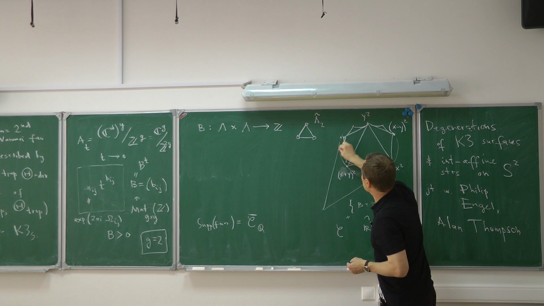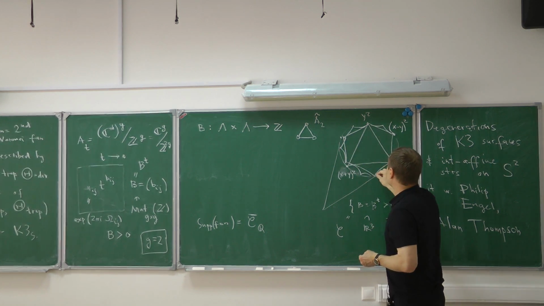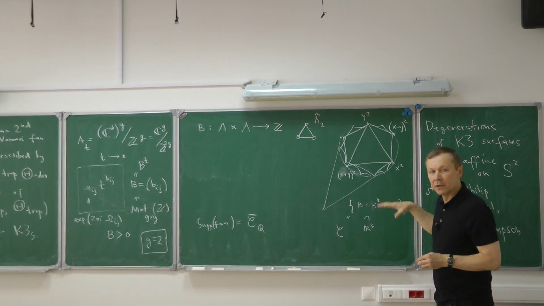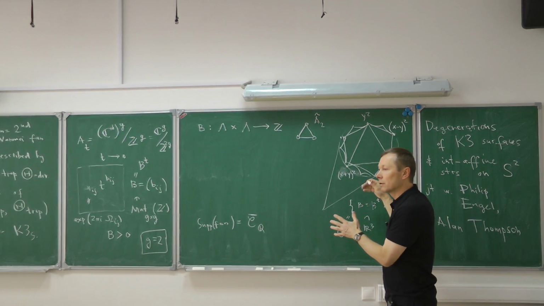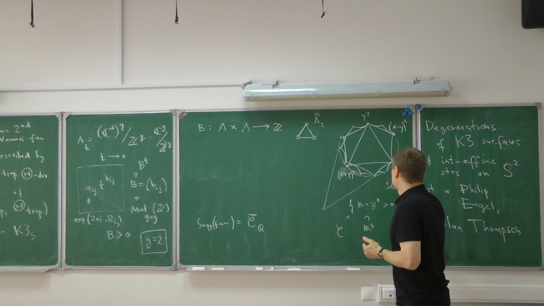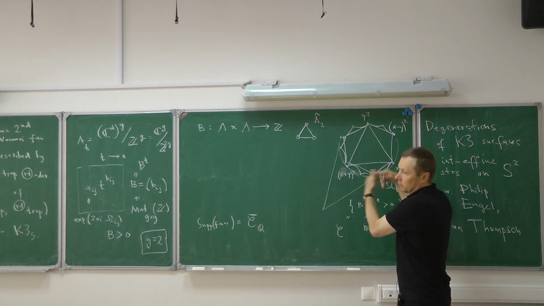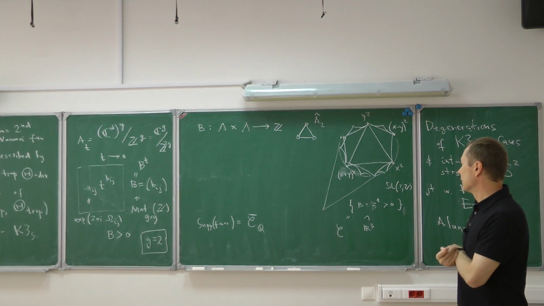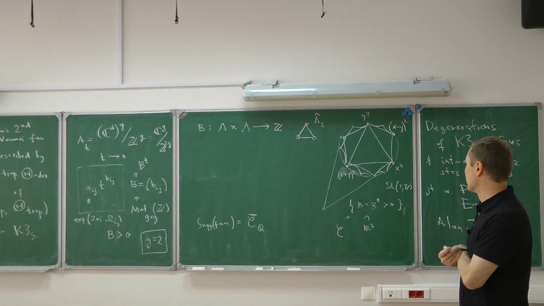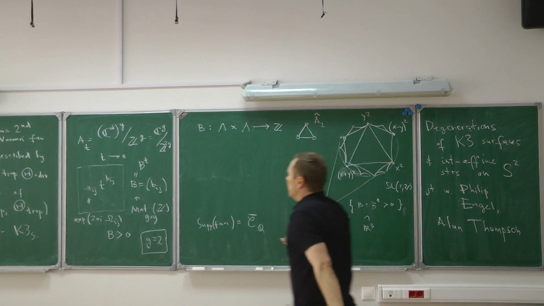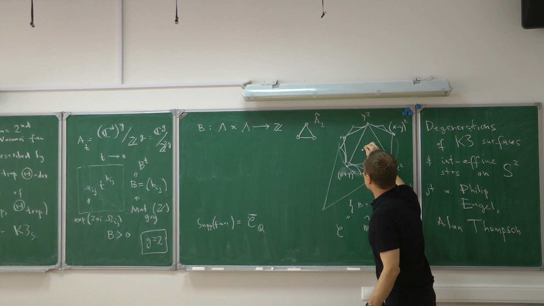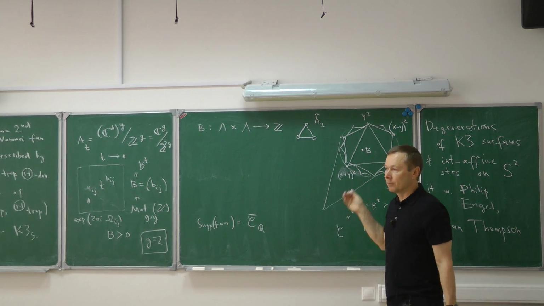So you get this triangulation of the hyperbolic plane. It is SL2Z invariant. SL2Z acts on this. So from many points of view, this is a very familiar picture. Now I will take a particular matrix somewhere here.